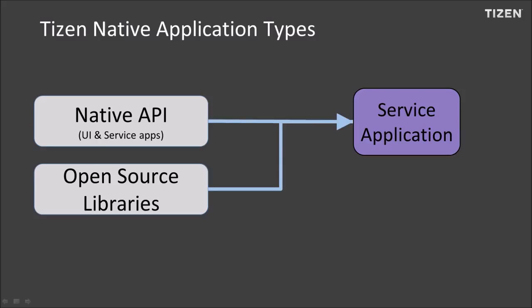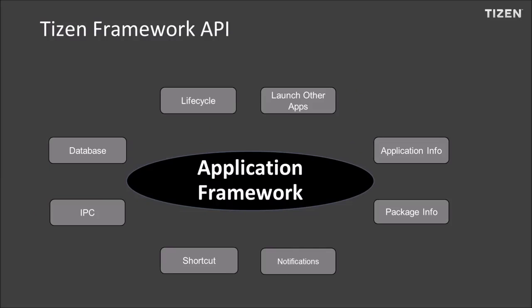One of the most important parts of the native application is the Application Framework API, which defines the lifecycle of an application. Let us take a look at the Application Framework API. Application Framework is the core layer framework which provides key functionalities required to build a native mobile application.